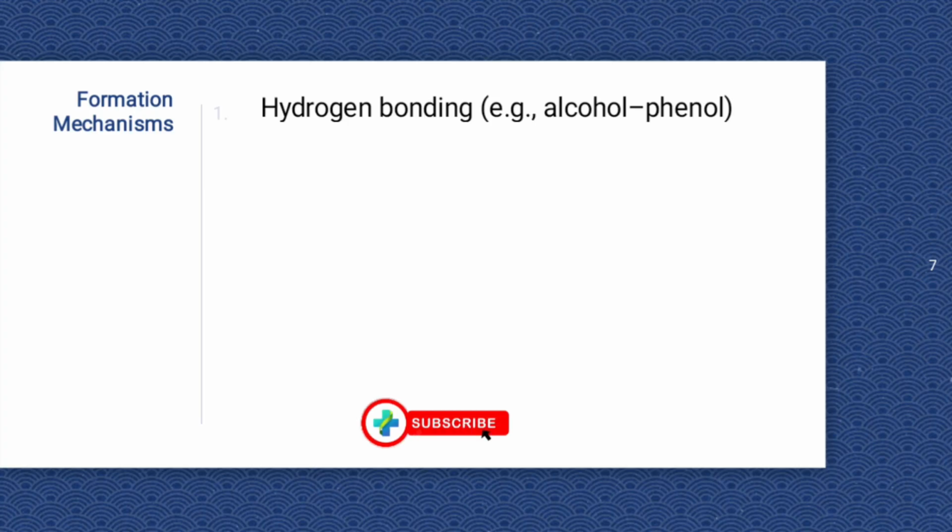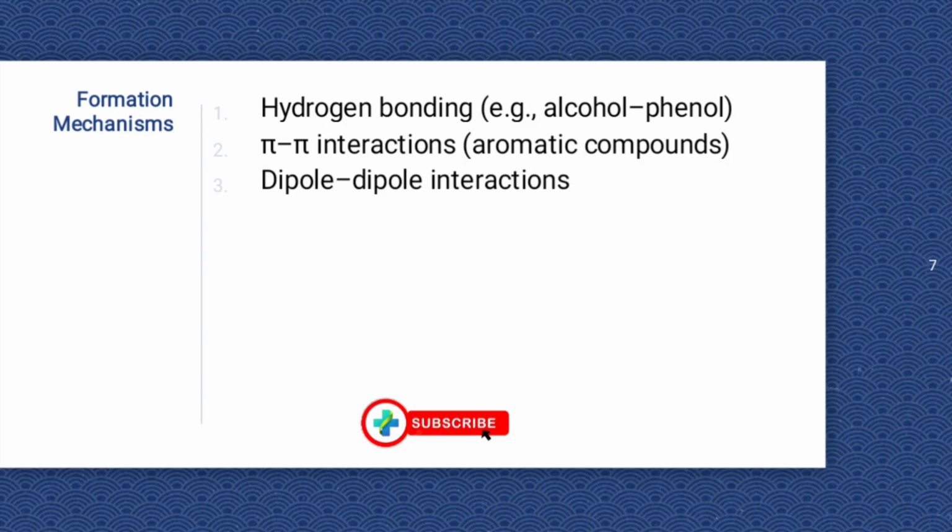The next point is mechanism of formation. The various mechanisms involved in complex formation include, first, hydrogen bonding. Example, phenol with pyridine or alcohol. The next one is pi-pi interaction. This type occurs in aromatic rings. Then the third one is dipole-dipole or van der Waals attraction.